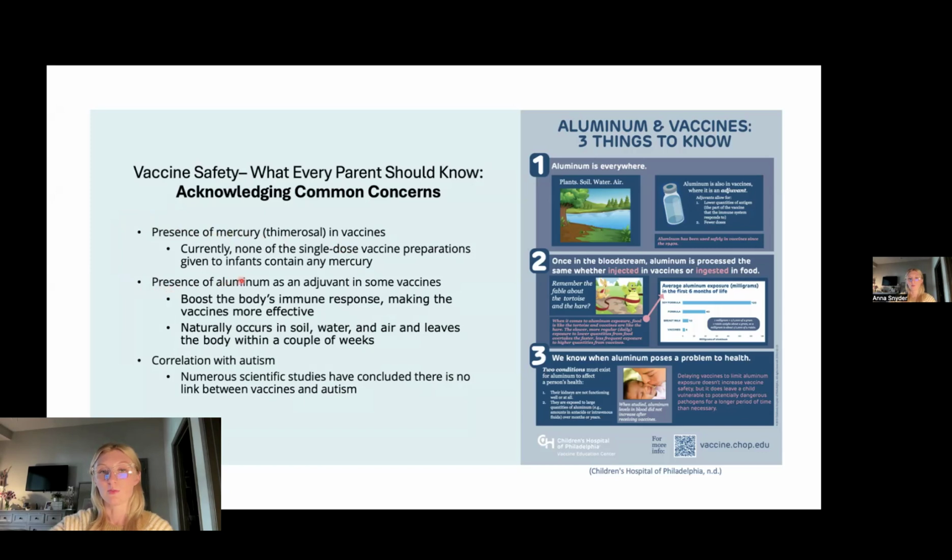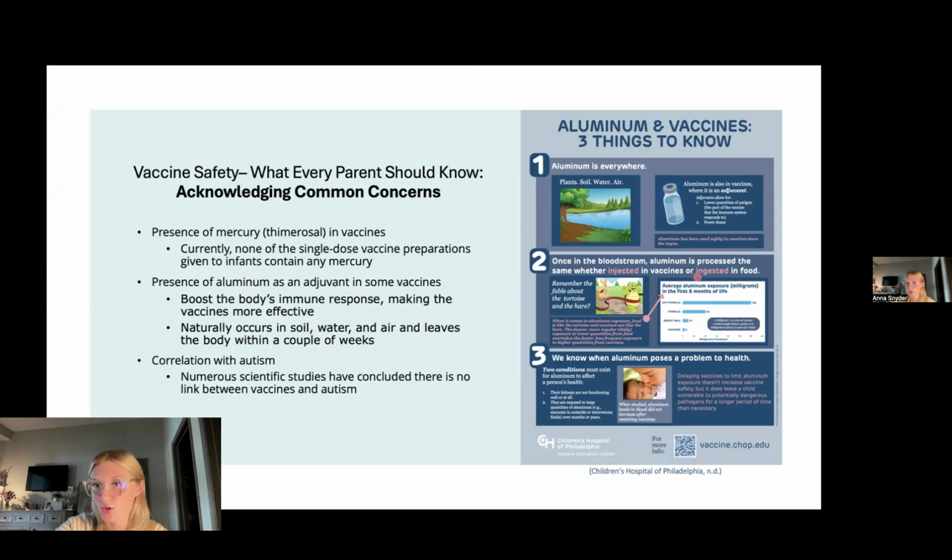The presence of aluminum in some vaccines is also something that individuals have raised concerns about, but the aluminum is in the vaccine to boost the body's immune response. So it does have a beneficial role in the vaccine. And aluminum is a naturally occurring substance in soil, water, the air, and it leaves the body within a couple of weeks.